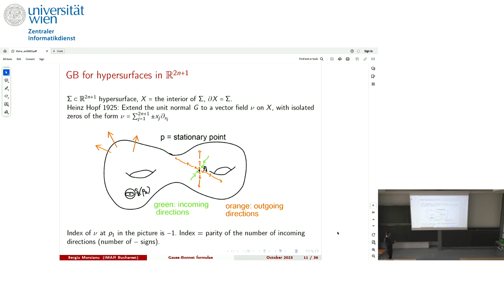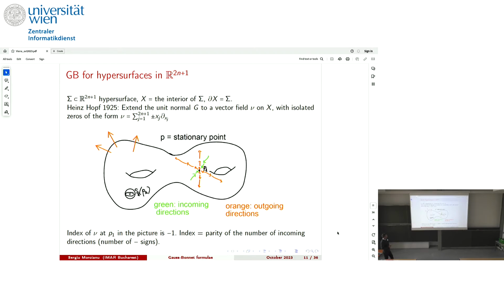This was the real breakthrough in the theory, with Hopf. He realized that the degree of the Gauss map is defined as before. You have a hypersurface in an odd dimensional Euclidean space. Then you take the exterior unit normal, you view it as a map into the sphere, and you compute the degree. This degree will essentially compute the Euler characteristic.